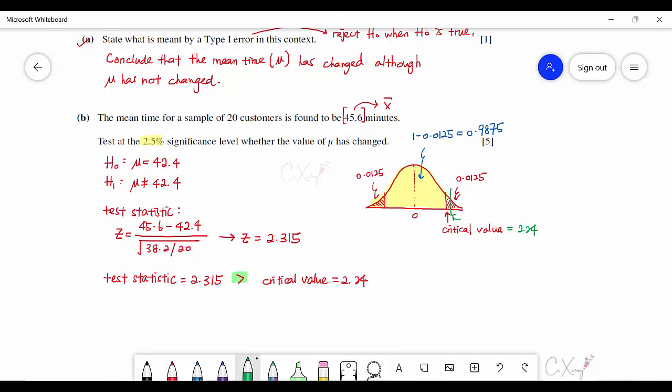So from here I think the conclusion is quite clear. We should reject the null hypothesis, and there's enough evidence to show that the mean time span has changed.